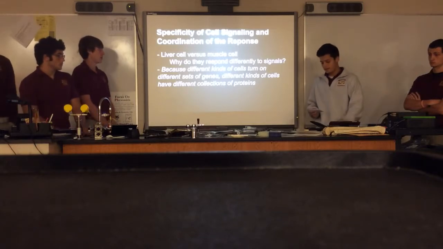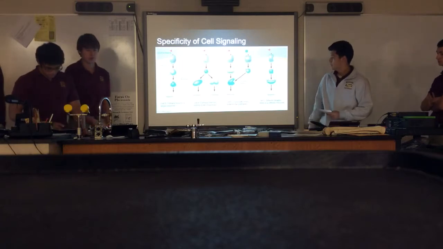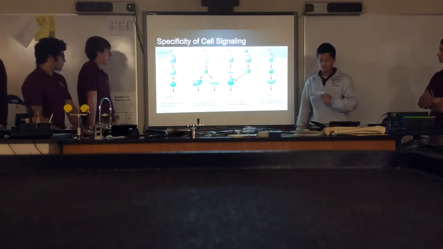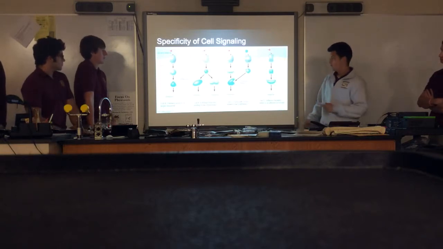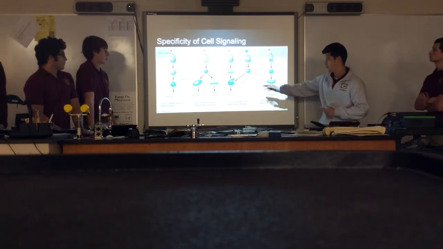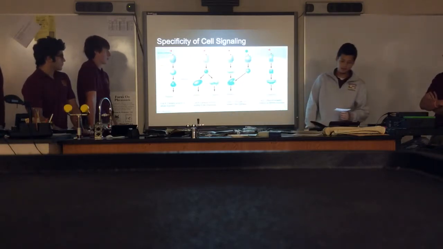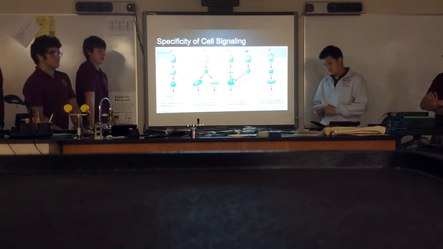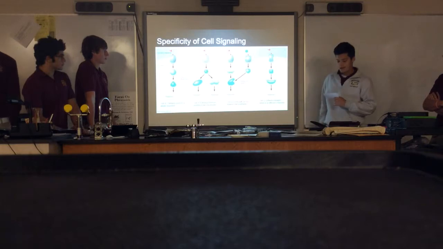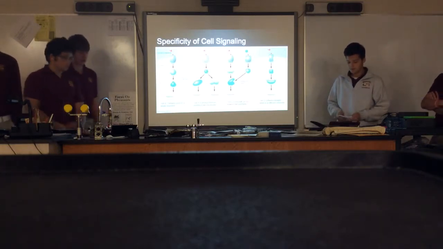Okay, now let's take a look at a visual representation of cell signaling. So in cells A, B, and C, they all use the same receptor protein for the red signaling molecule. And the differences in other proteins account for the differing cellular responses. In cell D, a different receptor protein is being used for the same signaling molecule, leading to a different response.